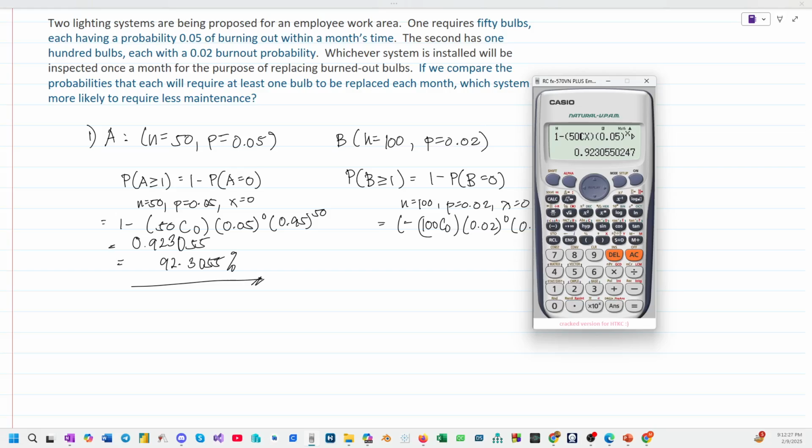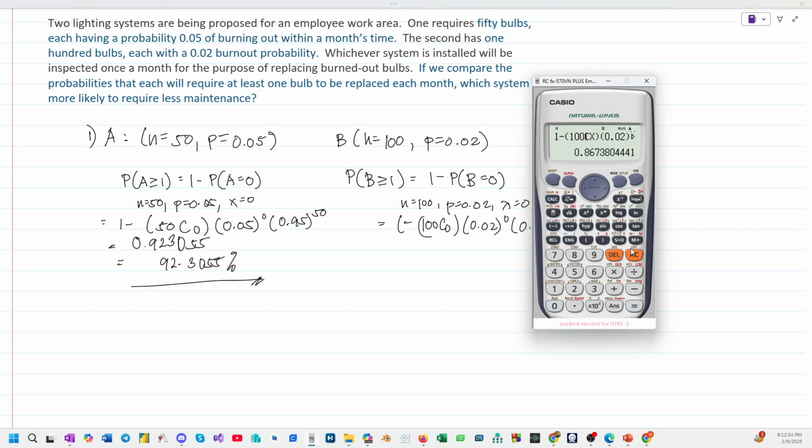Raised to 100. Oh, sana kaya nila calculate. Yung 100 hindi na to kayanin. Calculate.